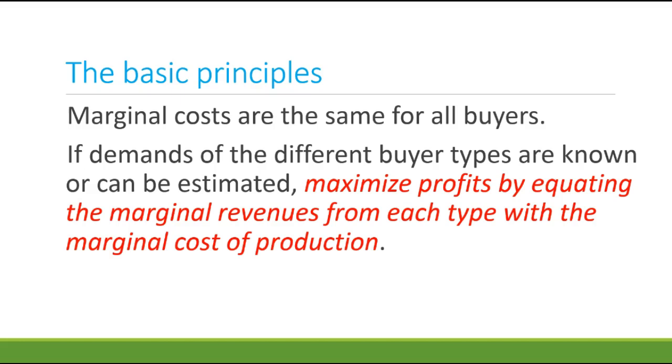In this case, we're going to be selling different amounts to different groups of people who have different kinds of demands. And so essentially what we're doing is we're just dividing up the market and creating a number of different markets out of our customers, and we're getting our prices that way.